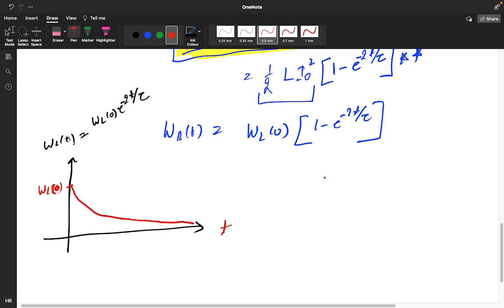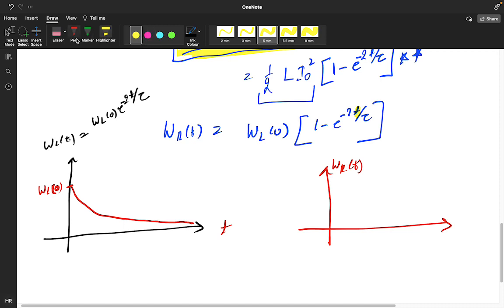Okay. What about the resistor? The inductor stores energy, but the resistor will not store, it will dissipate. So that's why I am saying dissipated. Earlier, if you put t equals 0, what will you get? 1 minus 1, 0 only.